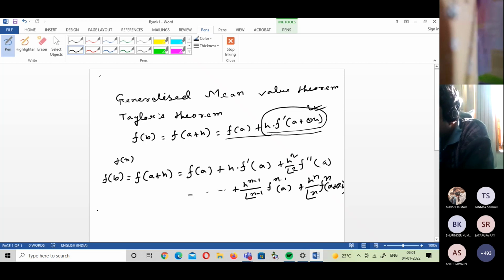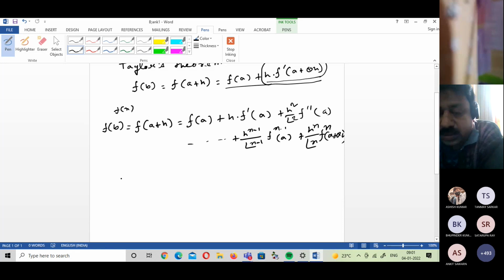Now what are the conditions for this particular theorem? Now we will discuss the conditions that are applied for the particular theorem. In Taylor's theorem, which is the remainder in the mean value expression? This is the remainder, and there are different forms of remainder.